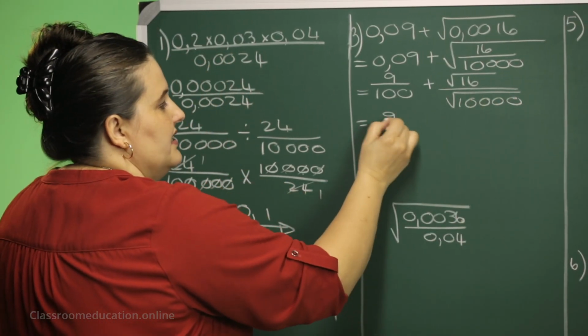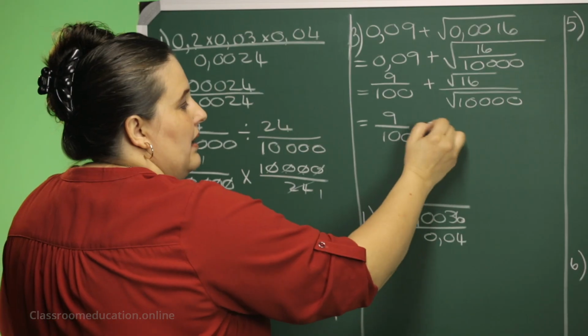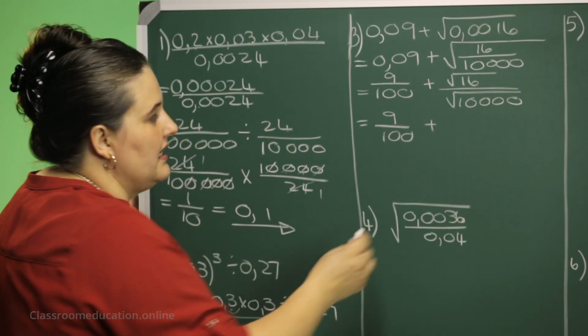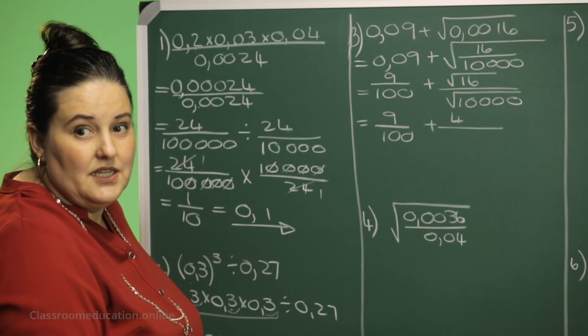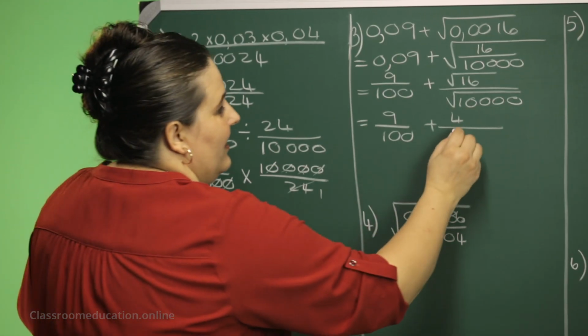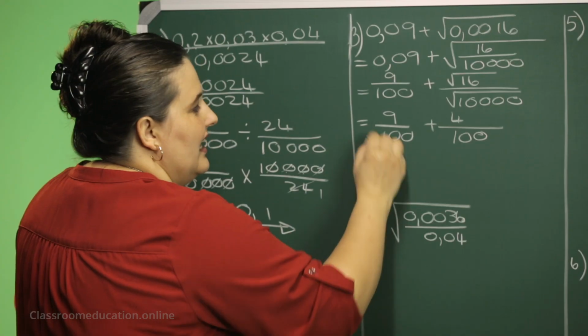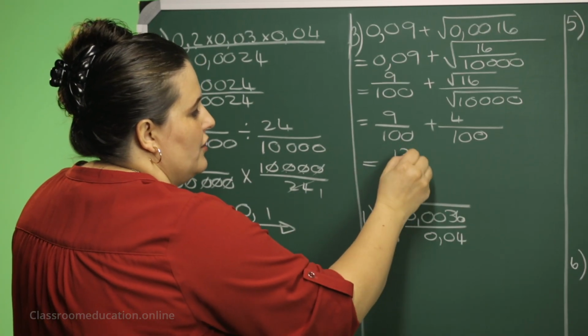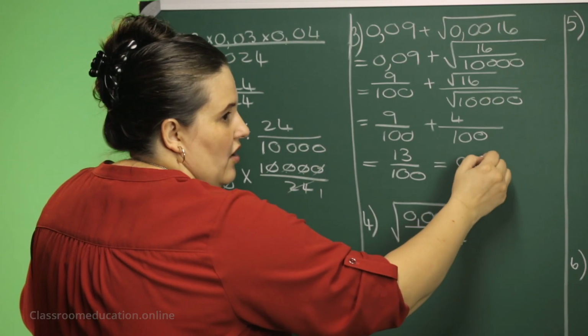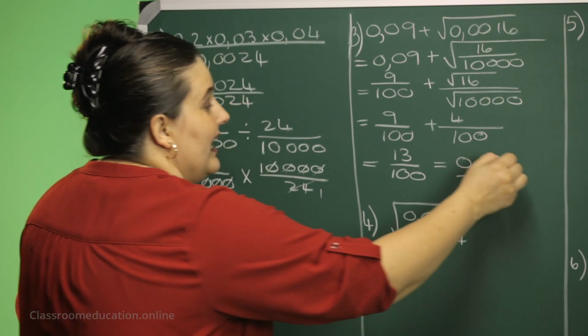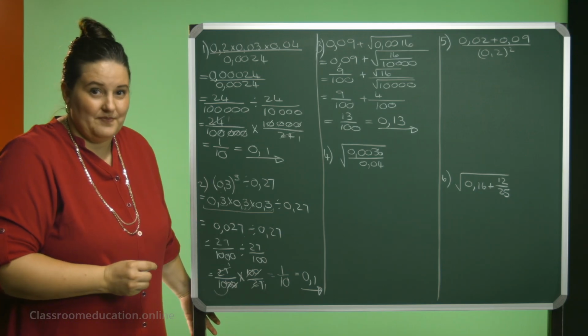So I will have 9 hundredths plus square root of 16 is 4. Square root of 10,000, 100. And 9 plus 400 will give me 13 hundredths. And my answer will be 0.13 as a decimal value.